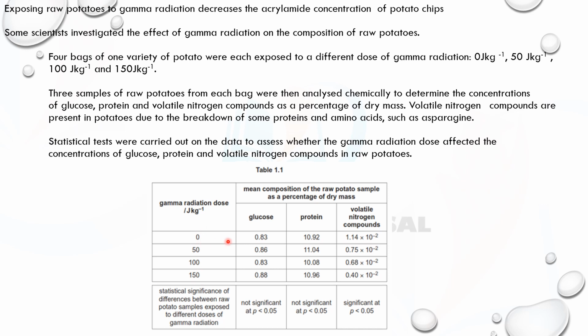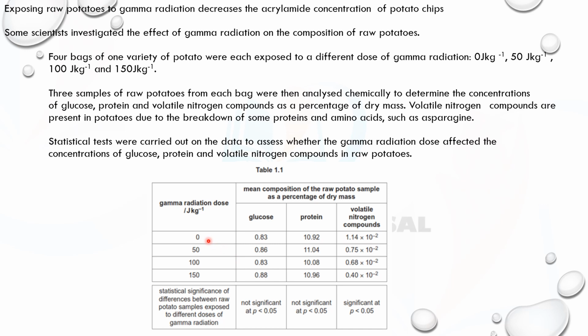As the dosage increases, what happens to glucose? It increases, almost constant, fluctuates. Look at protein. You have to know this trend. Study the trend, the pattern. This increases, decreases, increases, just a bit. But look at volatile nitrogen compounds. Can you see? It decreases.